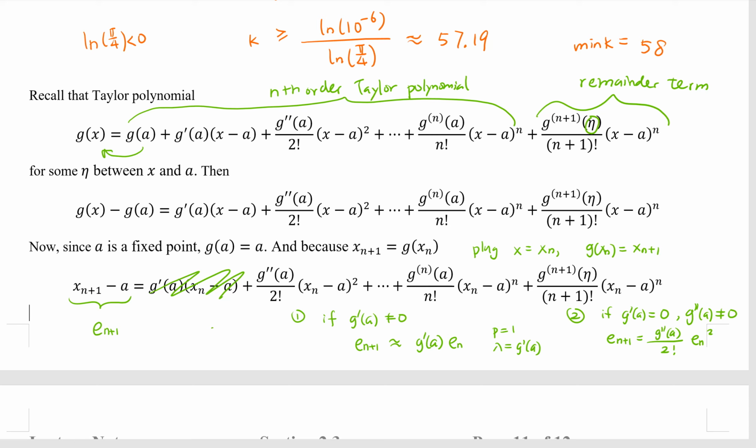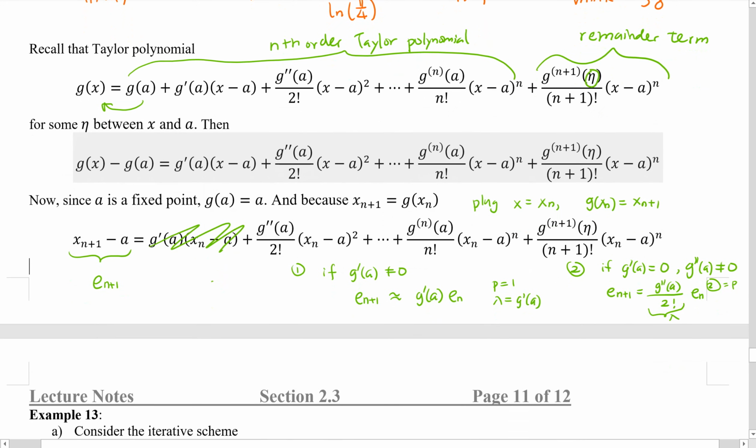So now you can see p is 2, and lambda is the second derivative of g evaluated at a over 2 factorial. Now you can see the order of convergence is 2. We can also keep going.